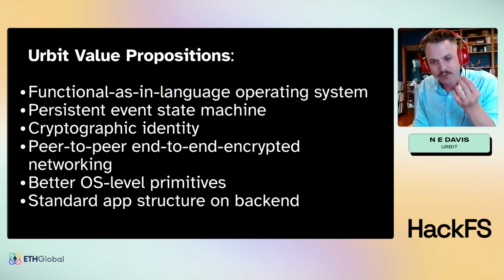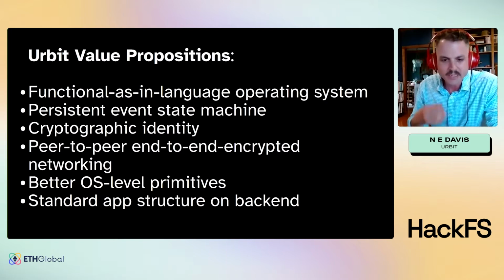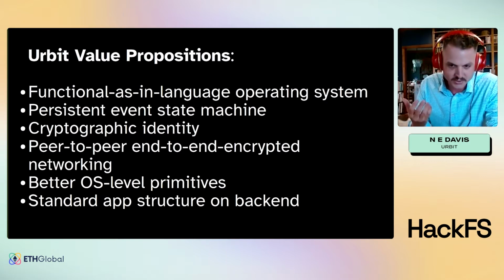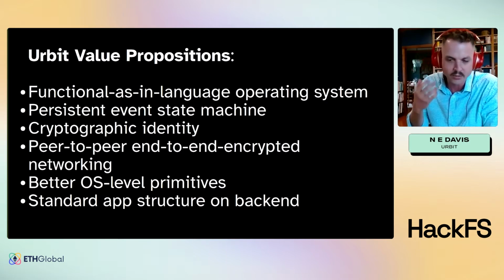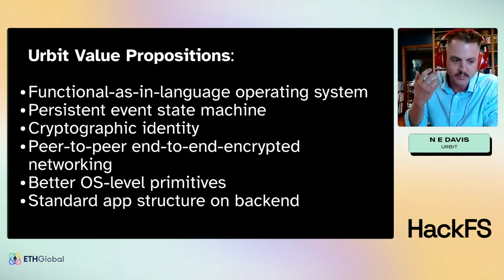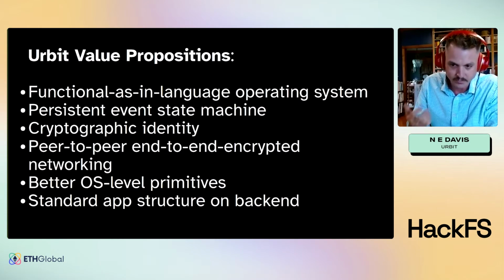So in the first place, Urbit is essentially an operating system. We generally treat it as an overlay operating system, which means that it's running as a platform within some other operating system. This is similar to the way that a lot of cloud services run, for instance. And it's built as a functional, as in language, platform.